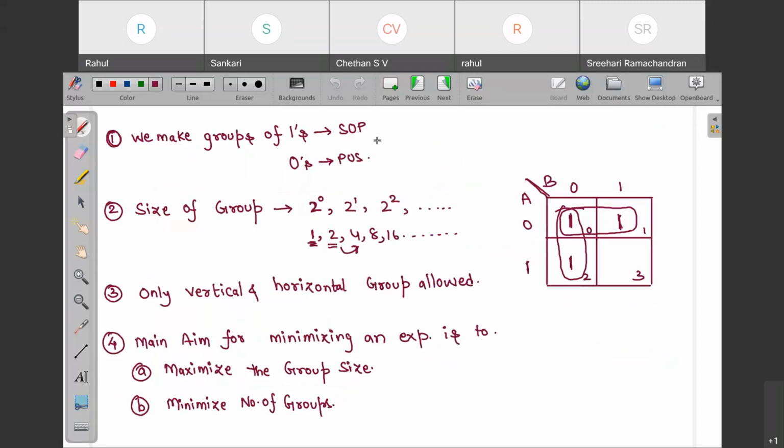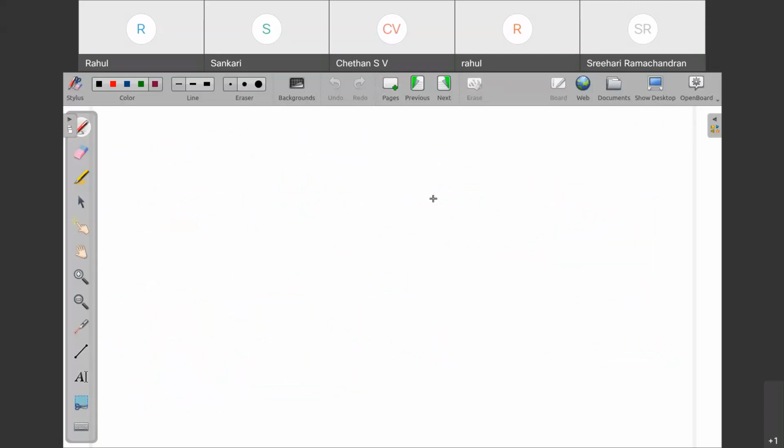Now you might have understood the 4 variable KMap also. I am not wasting time anymore. Let me tell you what is don't care. Can anyone tell me what is a don't care condition?